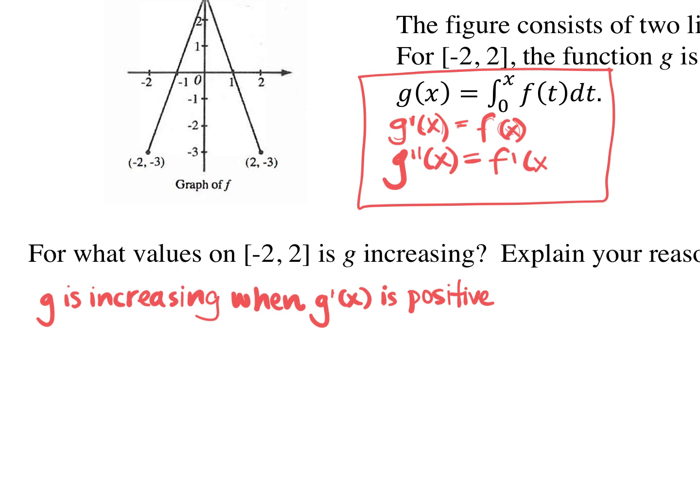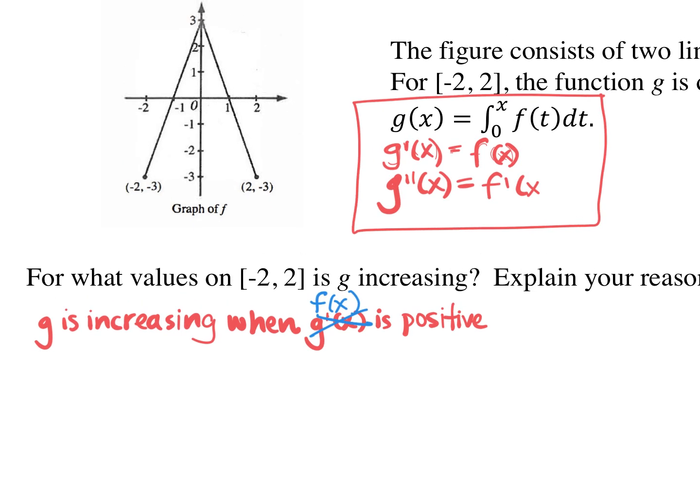F of x. So I'm going to change G prime to f of x because they are equal. Those two things are synonymous. So G increases when f of x is positive.